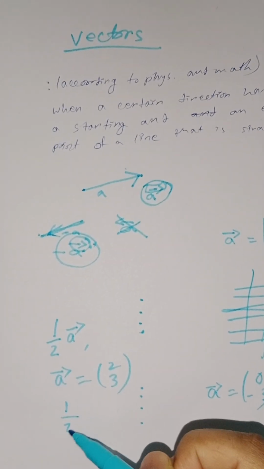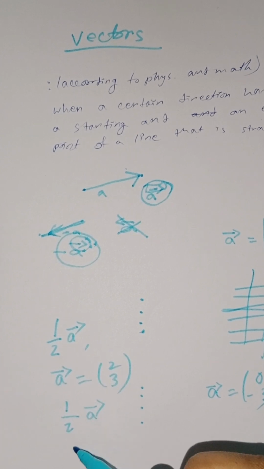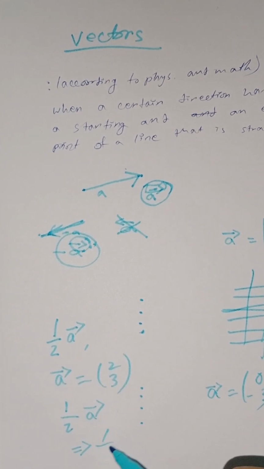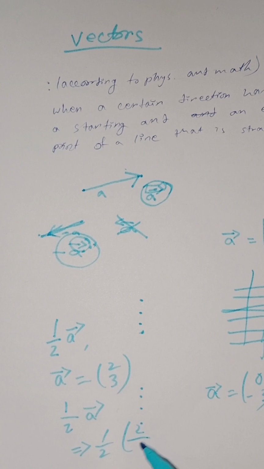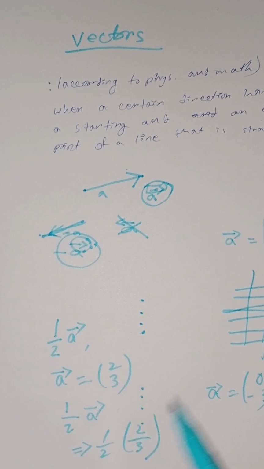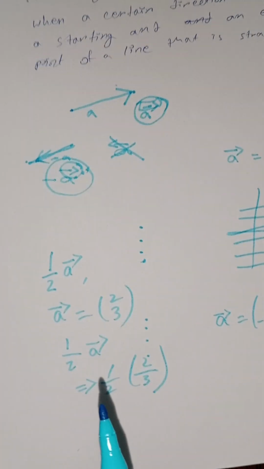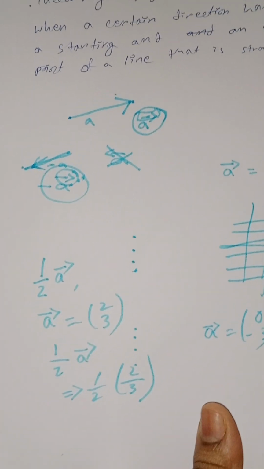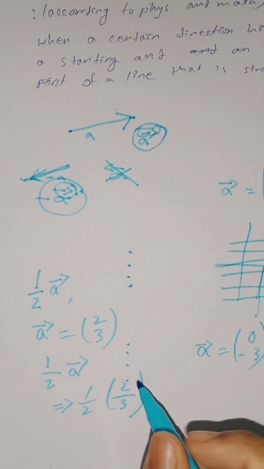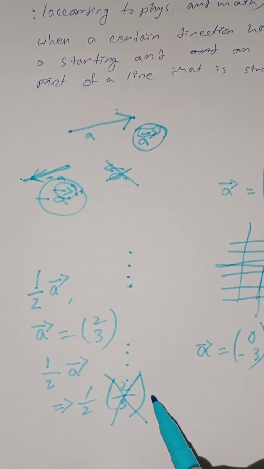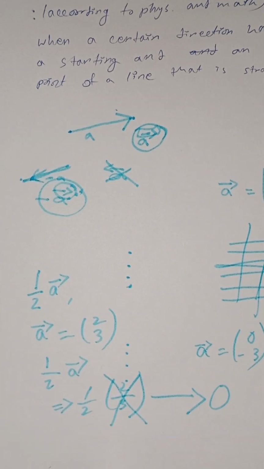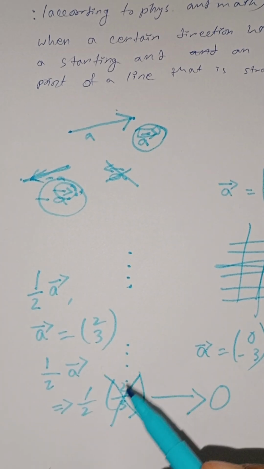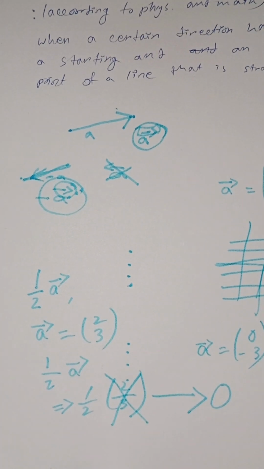So half of vector A will be half of 2 and 3. Now see the mistake that I have done? This is completely a mistake. When you are writing about vectors, do not make this mistake. The examiner who will be checking your paper will give it a complete 0, and this is completely wrong. Let's move on to the new page.